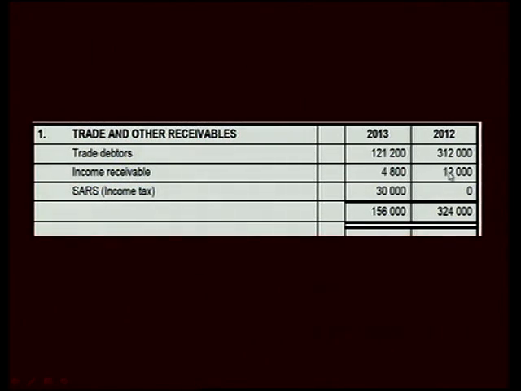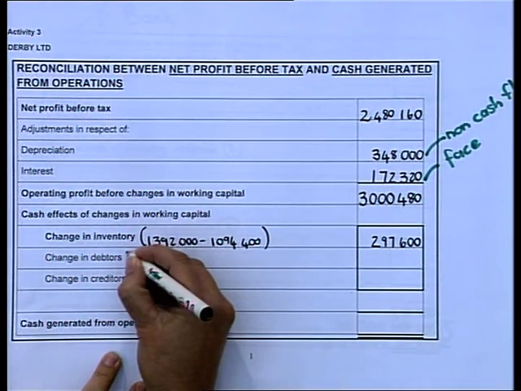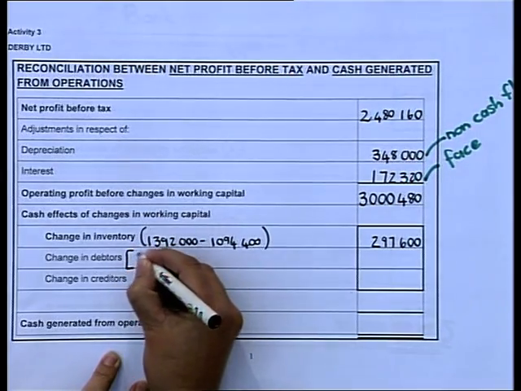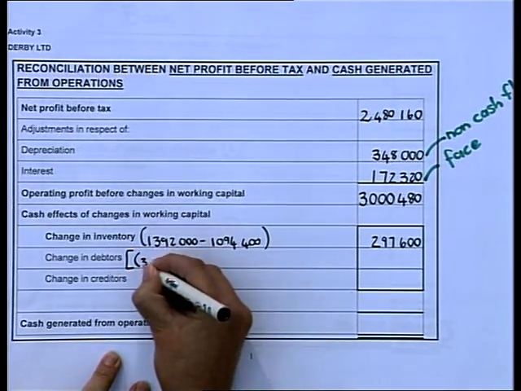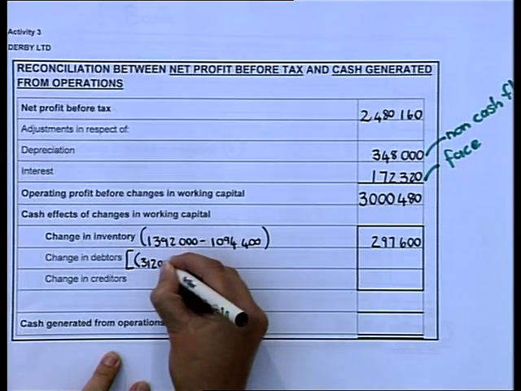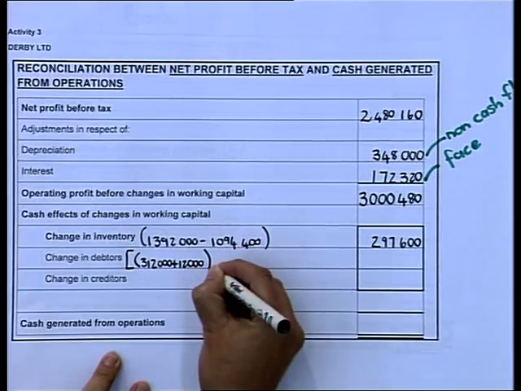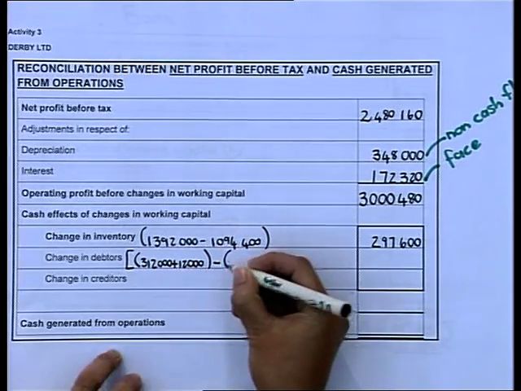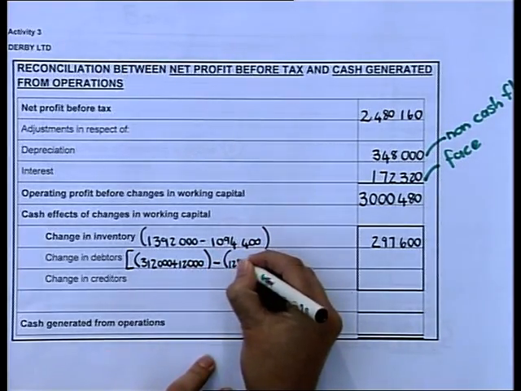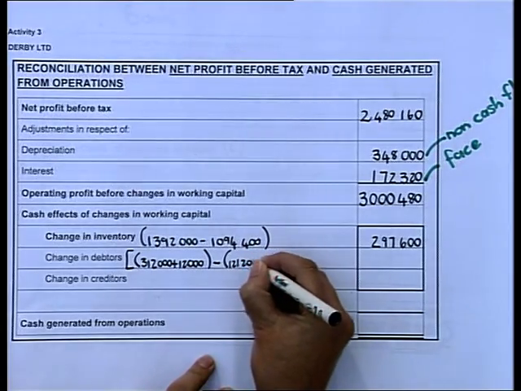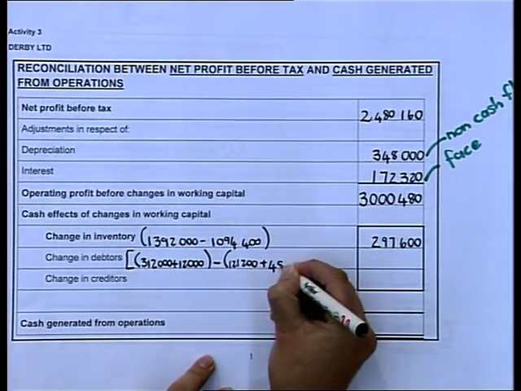work with debtors plus income receivable versus debtors plus income receivable. And it's important that you do the brackets over here in your reconciliation. Make the brackets and say, I have taken 312,000, I added 12,000 to that, minus the 121,200 plus 4,800.